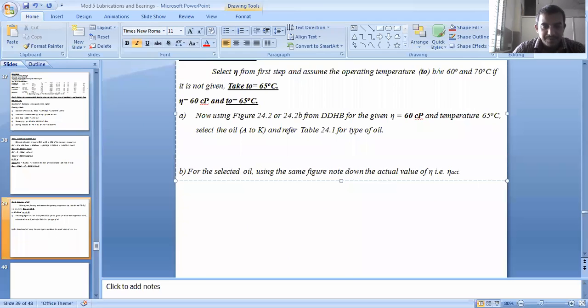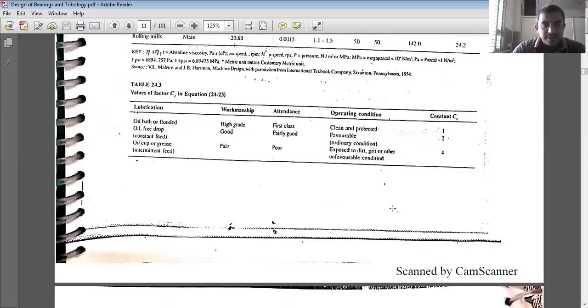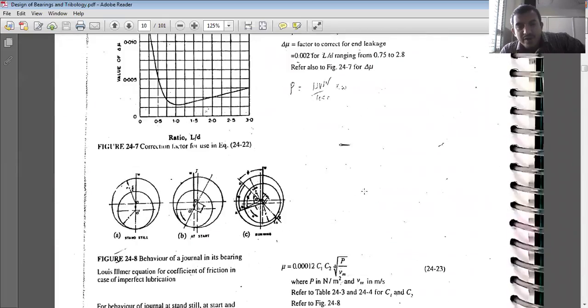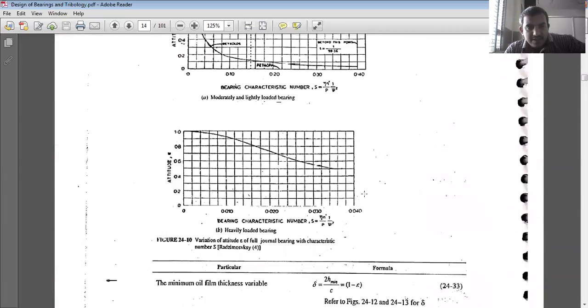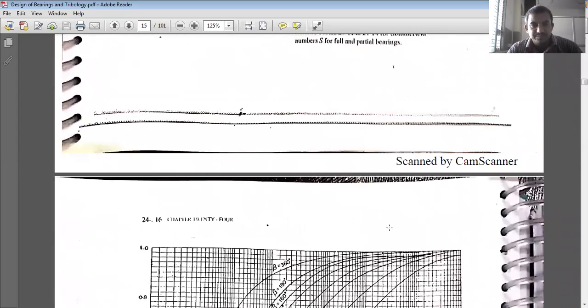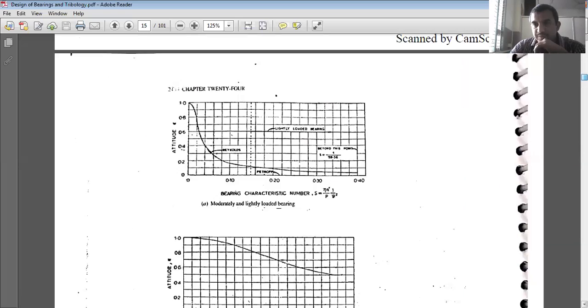Now we'll move on to the data book. What is the figure number? This is figure number 24.2.